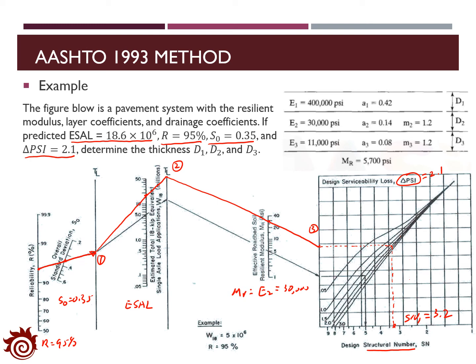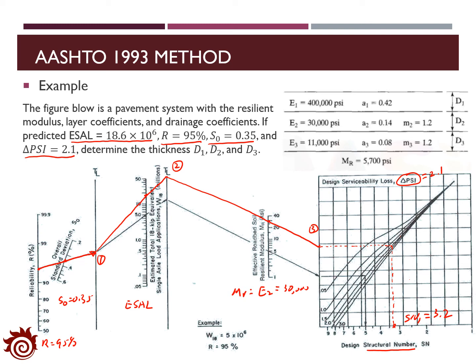If we want to find out the other two structural numbers SN2 and SN3, you need to use a different resilient modulus. The other values are the same.